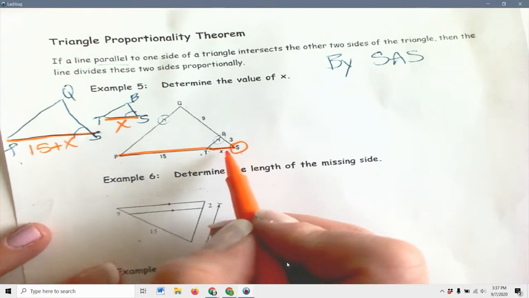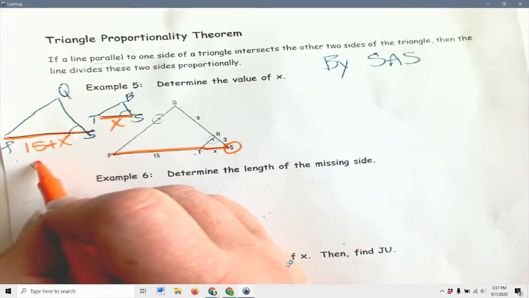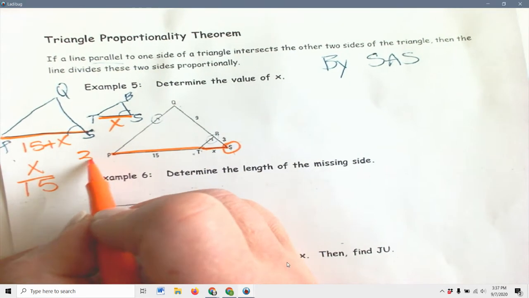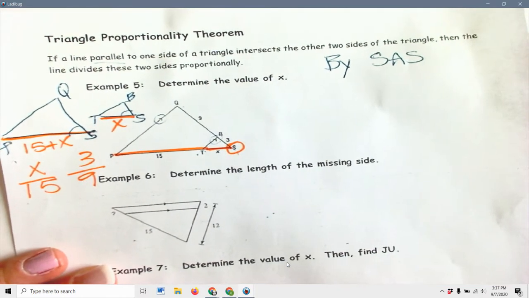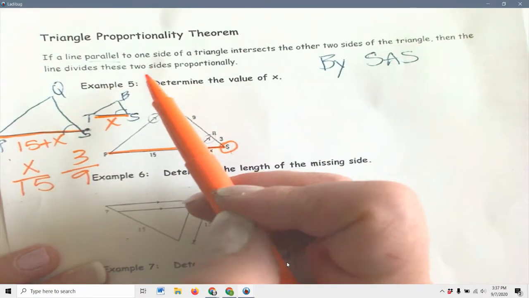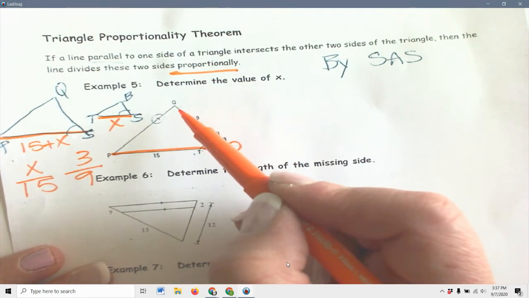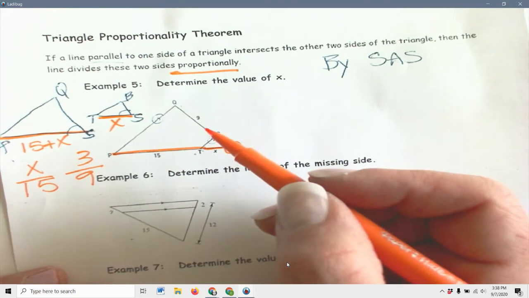So we can also just say that X over 15 is proportional to 3 over 9. Okay? These chunks are proportional as well because it divides the two sides proportionally. So the small side over the big side is going to be the same proportion as the small side over the big side. All right?